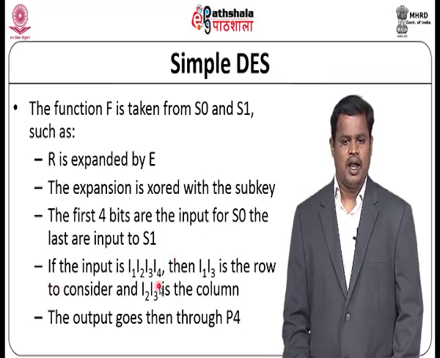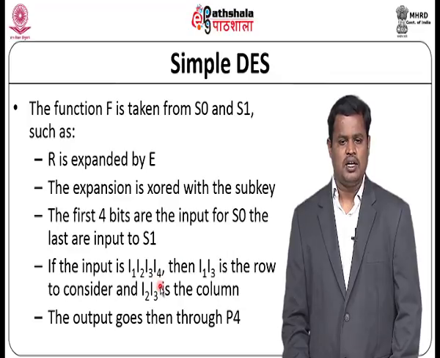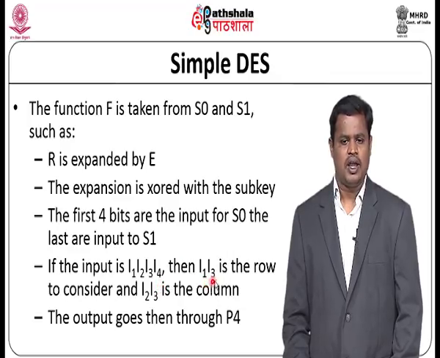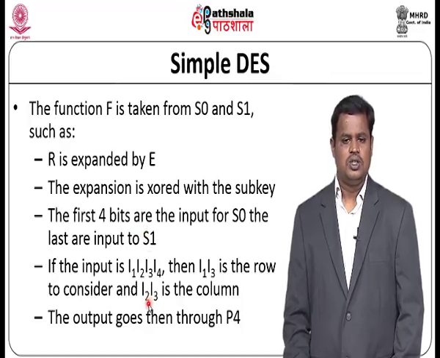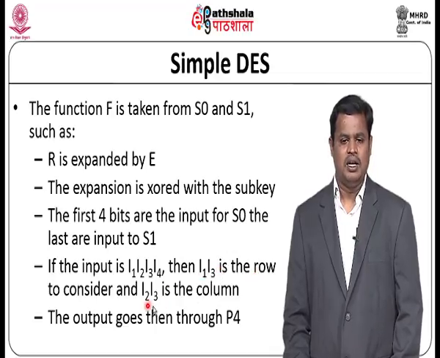For the input I1, I2, I3, I4, the first and last bits, I1 and I4, give the row in the S box, whereas the middle 2 bits give the column value, and the output goes to P4.